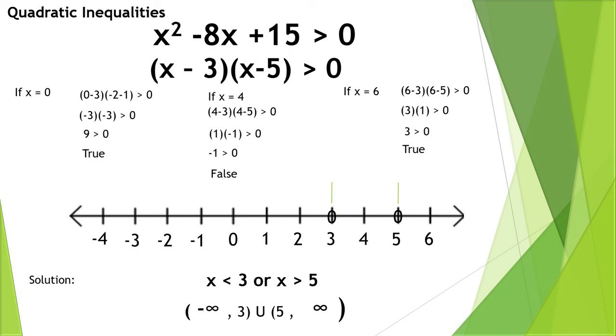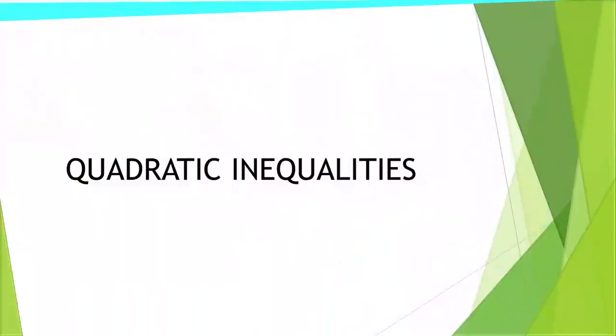Why? Because 6, 7, 8 are solutions of the inequality. Or it is the same as the union of negative infinity and 3, and 5 and positive infinity. We use now parentheses beside 3 and 5, meaning 3 and 5 are not included in the solution.